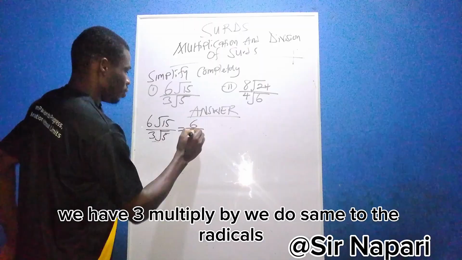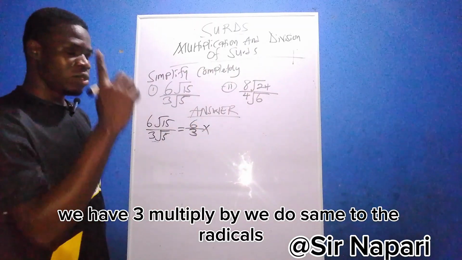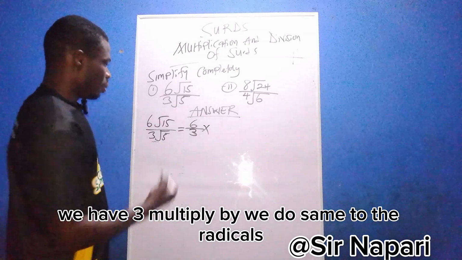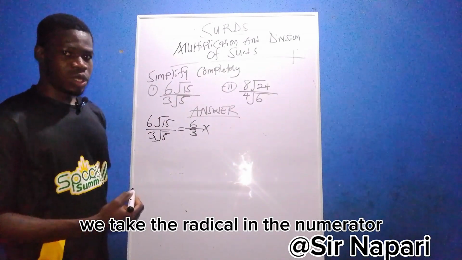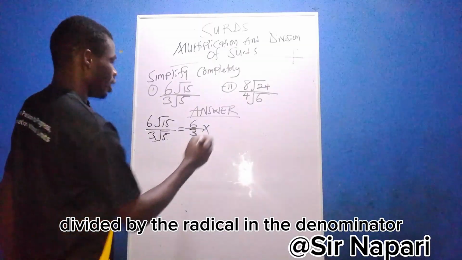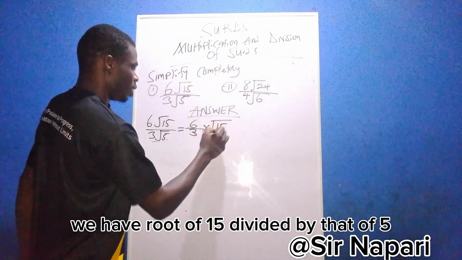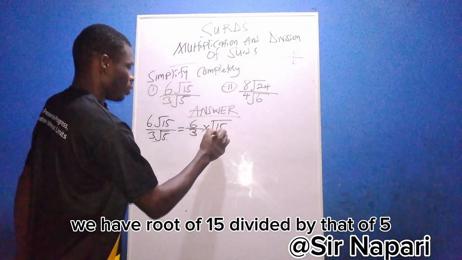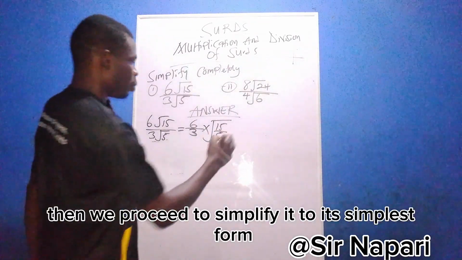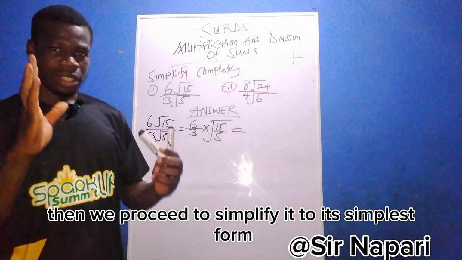We do the same to the radicand. We take the radicand in the numerator divided by the radicand in the denominator. We have root of 15 divided by that of 5. Then we proceed to simplify it to its simplest form.